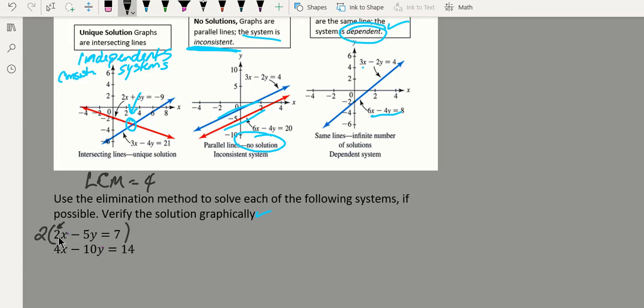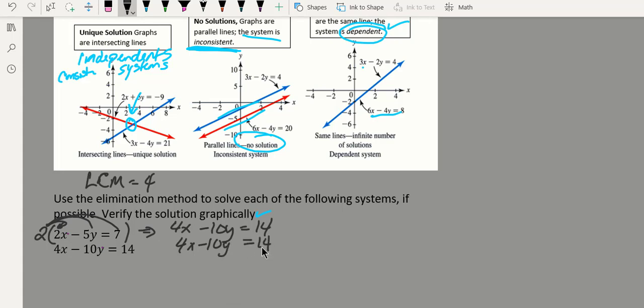But I don't just do it for the first term, I do it for the entire equation. So 2 times 2x gives me 4x, 2 times negative 5y gives me negative 10y, and 2 times 7 gives me 14. And then we have 4x minus 10y equals 14.